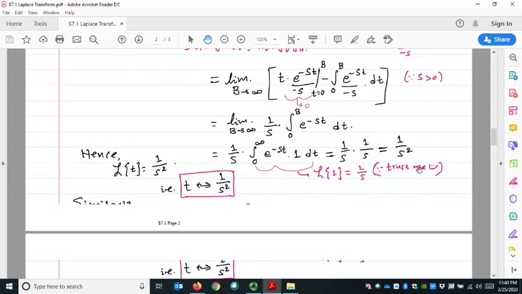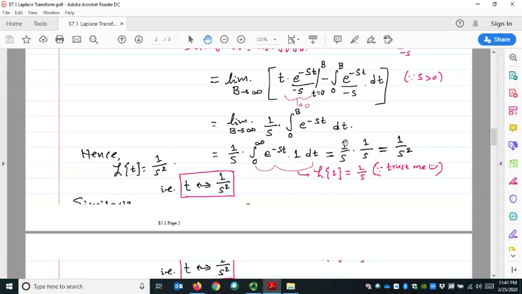Trust me, I will compute the Laplace transform of 1 in the second example. So this integral becomes 1 over s, times the Laplace transform of 1, which is 1 over s.